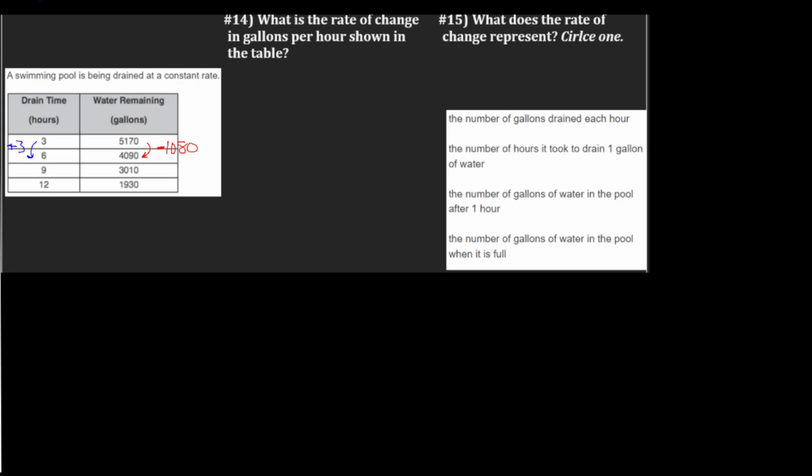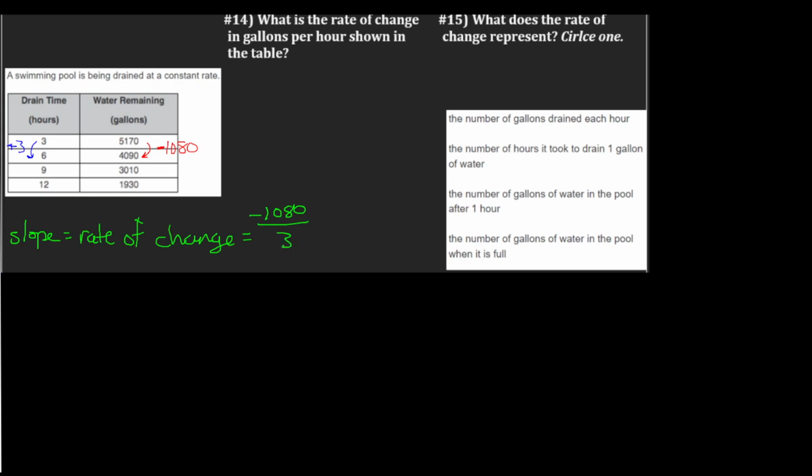So we can say our slope, or rate of change, is equal to negative 1080 divided by positive 3.